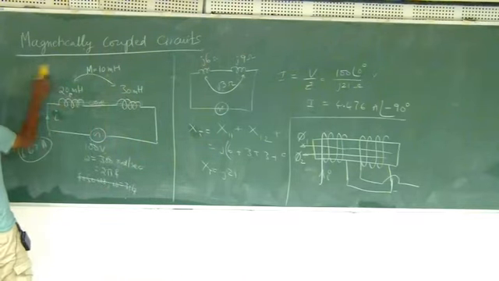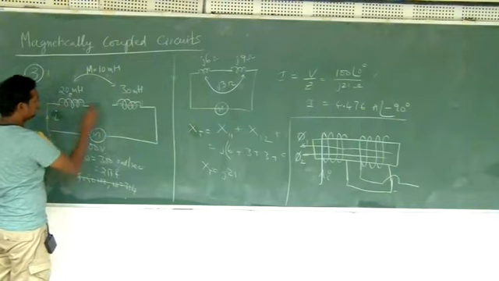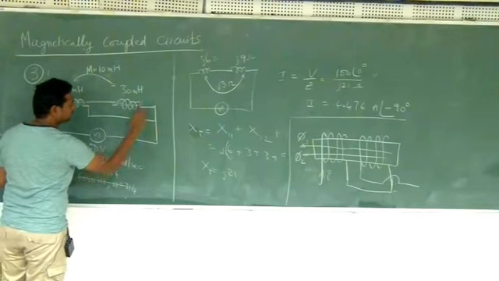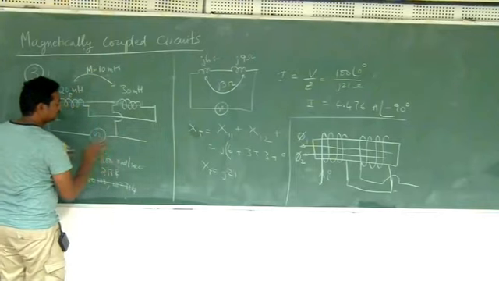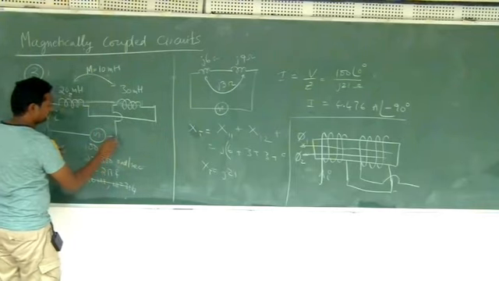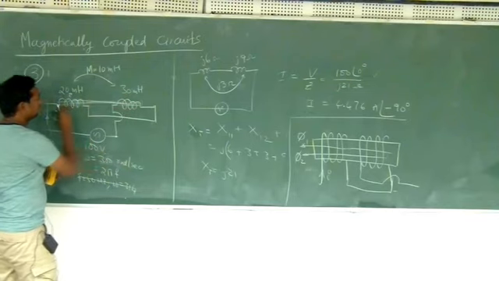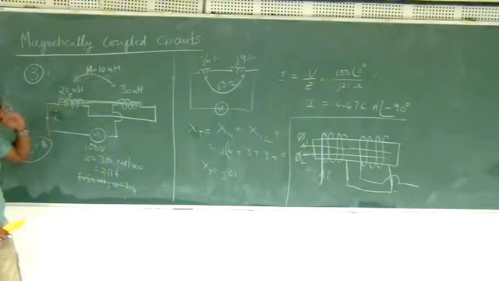So I'll write now third problem. Just that I remove this electrical connection. The core is still there, nothing is changed. This wire I'll connect it here, and then this wire I will connect it here. So the core is still there, the mutual inductance is still 0.41, the same.